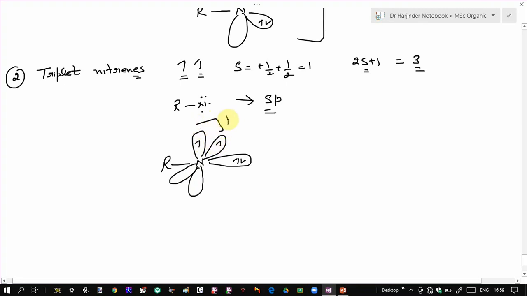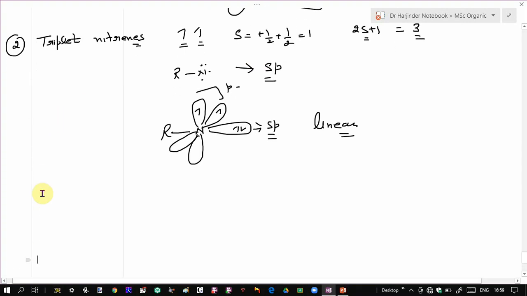So these are your p atomic orbitals and this is your sp hybrid orbital. So it has a linear structure. So triplet nitrenes have a linear structure with sp hybridization, while singlet nitrenes have sp2 hybridization. This is very important and it's normally asked in questions: discuss the structure of singlet and triplet nitrenes. So you have to discuss the structure of these singlet and triplet nitrenes.